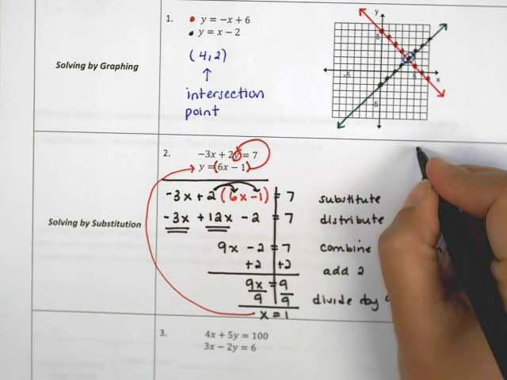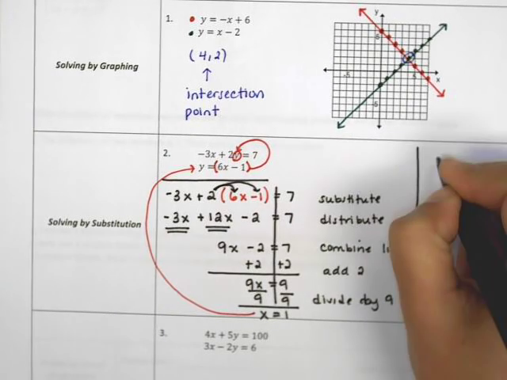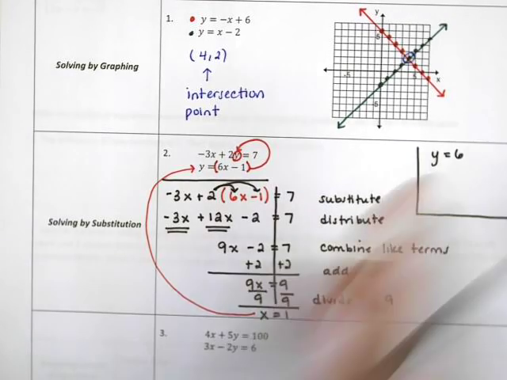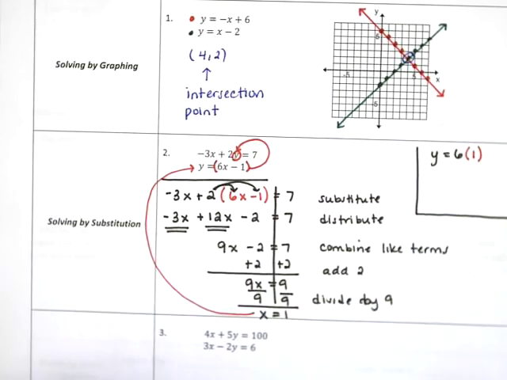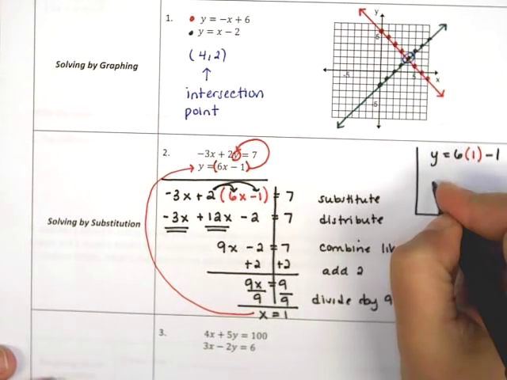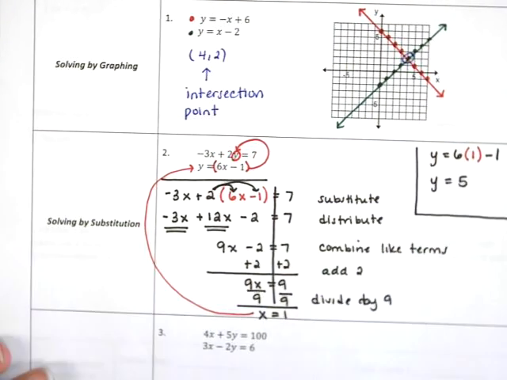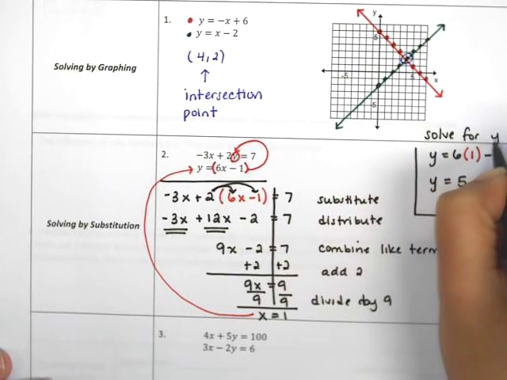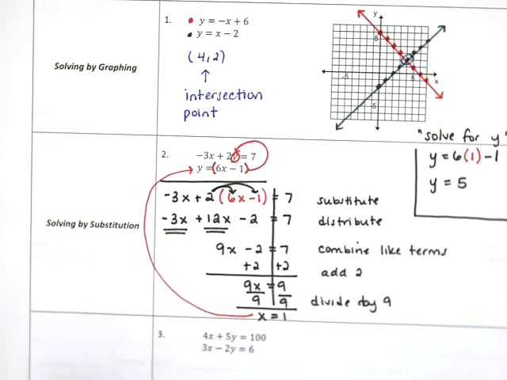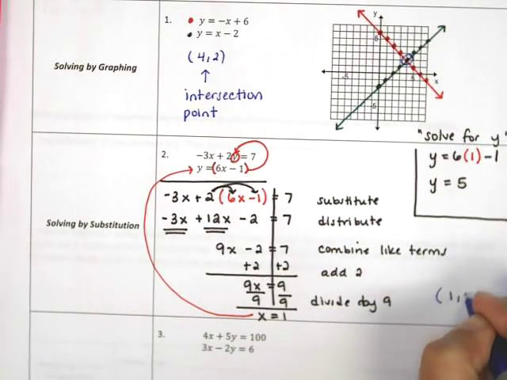So y equals 6 times, and instead of x, I substitute in the 1 that I just calculated, and I get y equals 5. Which means my final answer here, the point of intersection, would be (1, 5).